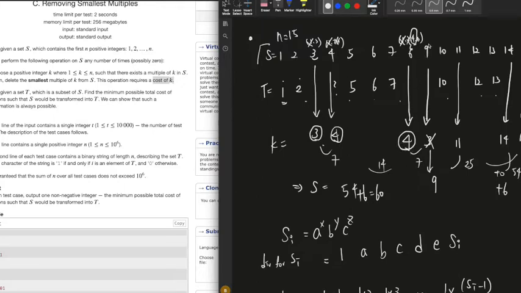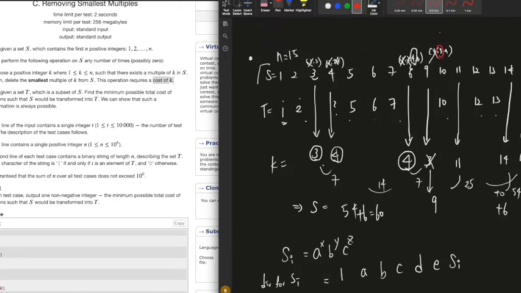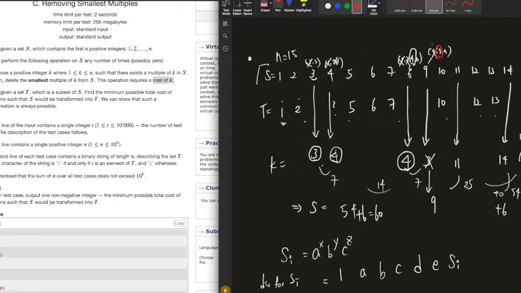And think about 9. Its divisors are 1, 3, 9. And we cannot use 1 because we have 1 in T. And how about 3? It is important to understand. Can we use 3?